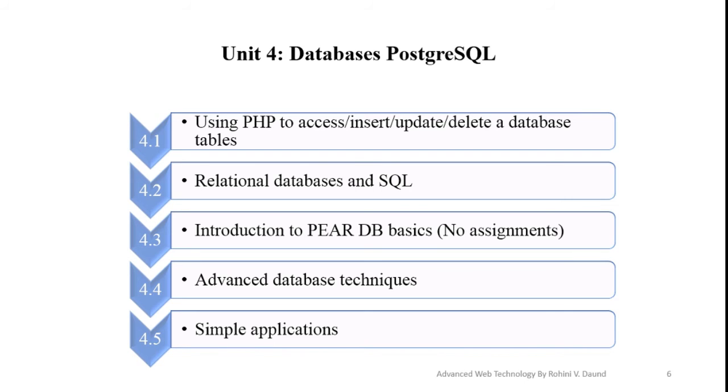It provides several shortcut functions for fetching result rows as well as unique rows ID system and separate prepare execute step that can improve the performance of repeated queries. Last one is the simple application we will see in the unit 4.